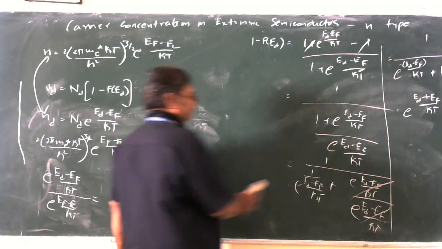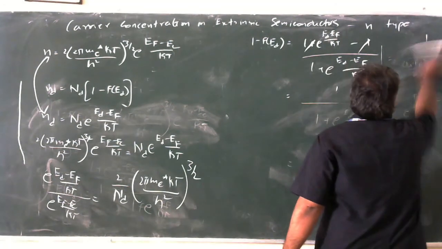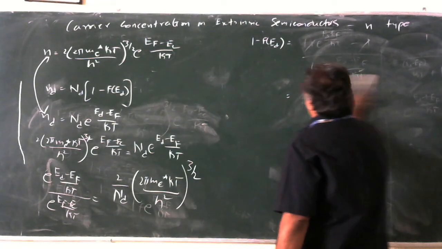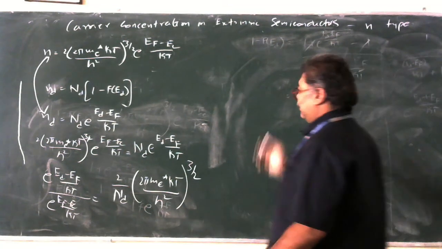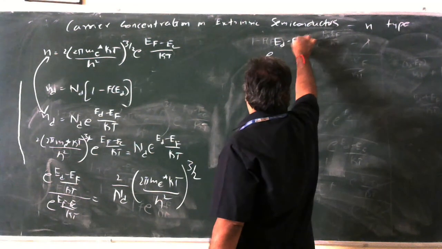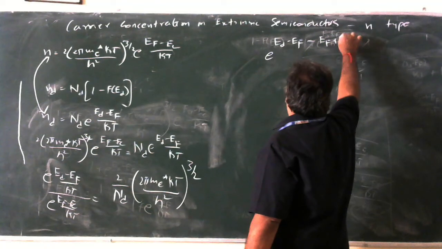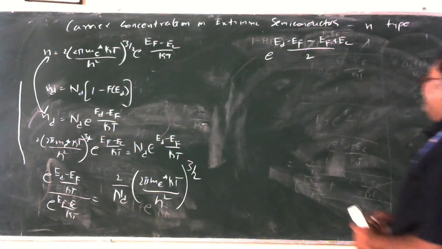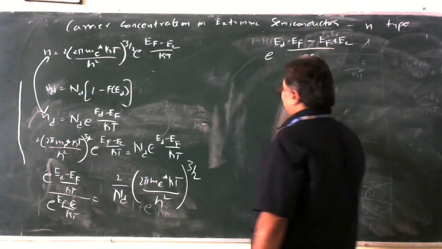So let us solve this. What happens to this? This becomes exponential of (ED minus EF plus EC) by KT, because KT is the denominator which is common for the numerator and denominator of the power.